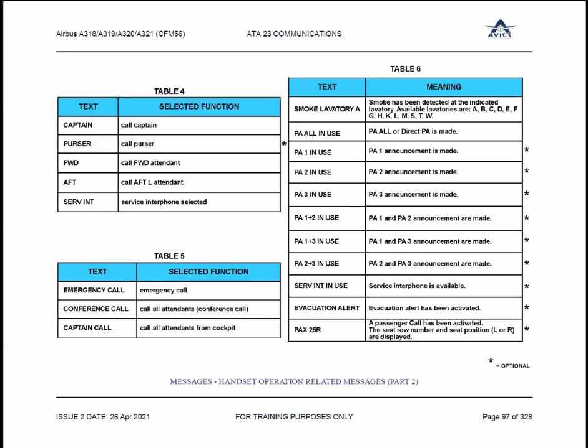Passenger announcement from the cabin, same logic applies. So this is the handset. When the cabin crew want to make the announcement, so PA to all, PTT, push to talk. Now, in this process, what indications will he or she see?